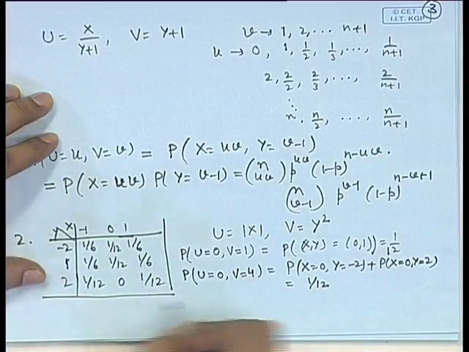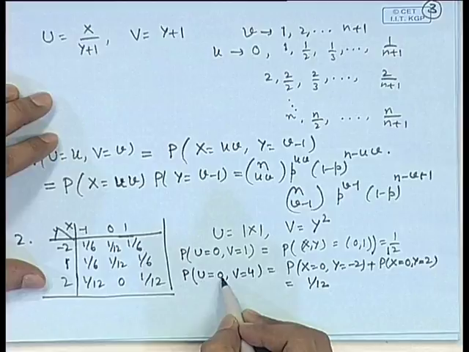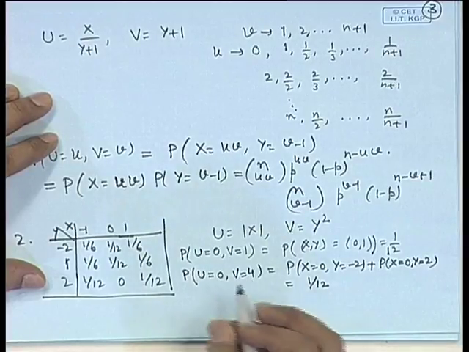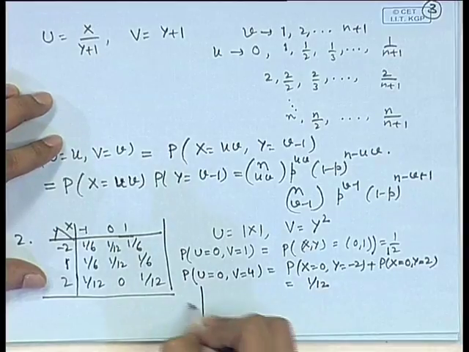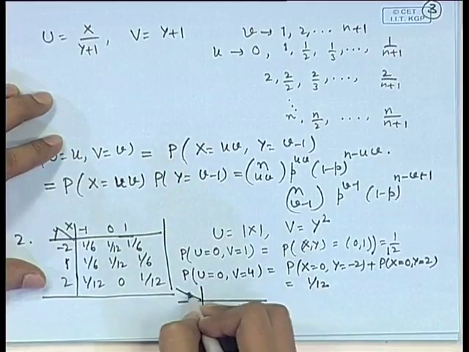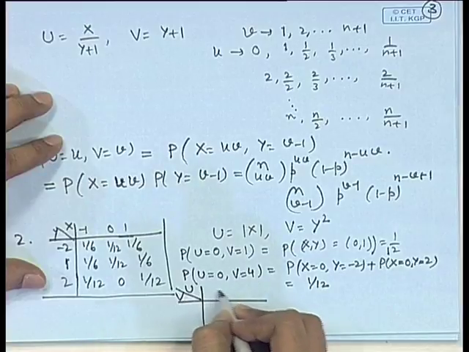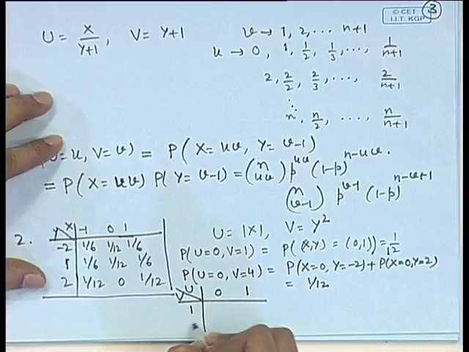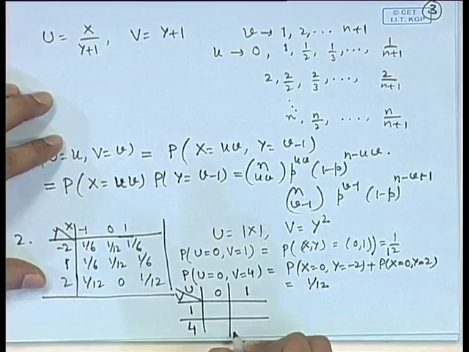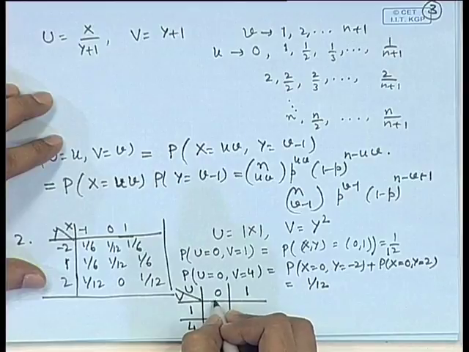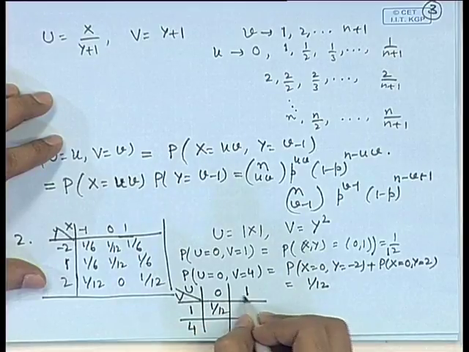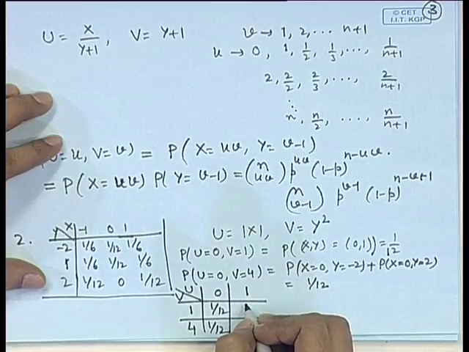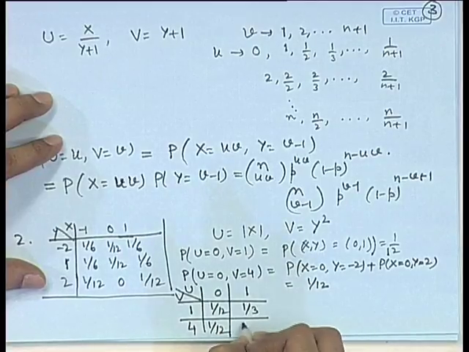In a similar way, we can obtain probability of u is equal to 1, v is equal to 1, u is equal to 1, v is equal to 4, and the joint distribution turns out to be, we can express it as u v. U can take values 0 and 1, v can take value 1 and 4. So, the distribution is 0 1 is 1 by 12, 0 4 is 1 by 12, 1 1 is 1 by 3 and this is half.